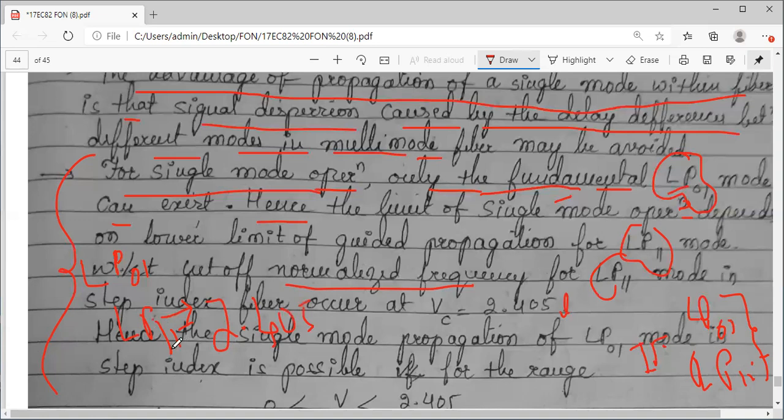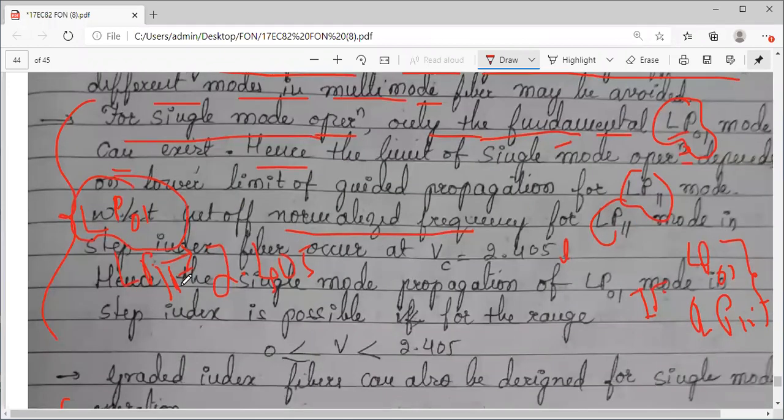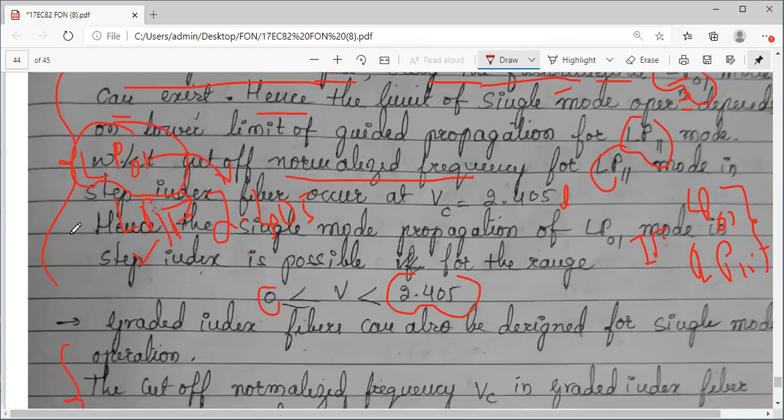So if I want single mode operation for LP01, what will be the range for the V number? It is between 0 and 2.4, because for LP11 it is 2.405, so for LP01 it should obviously be less than that. So the range should be between 0 and 2.4. This is about single mode operation in the case of step index fiber.